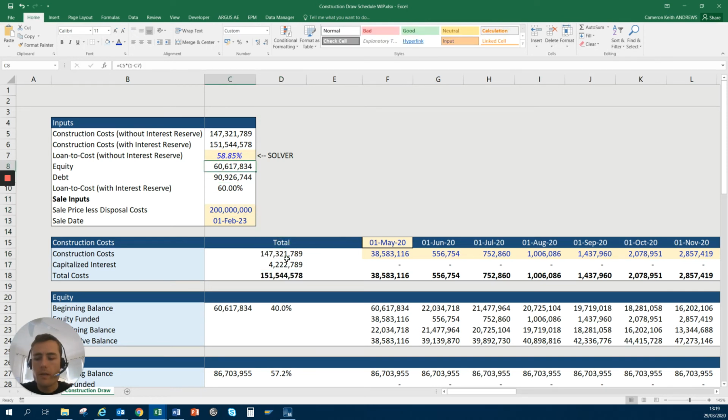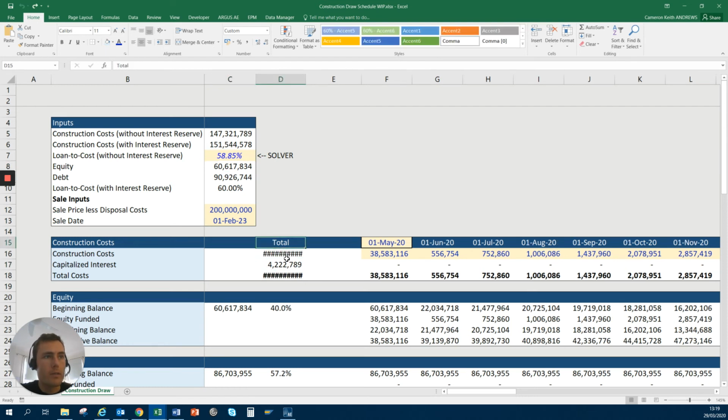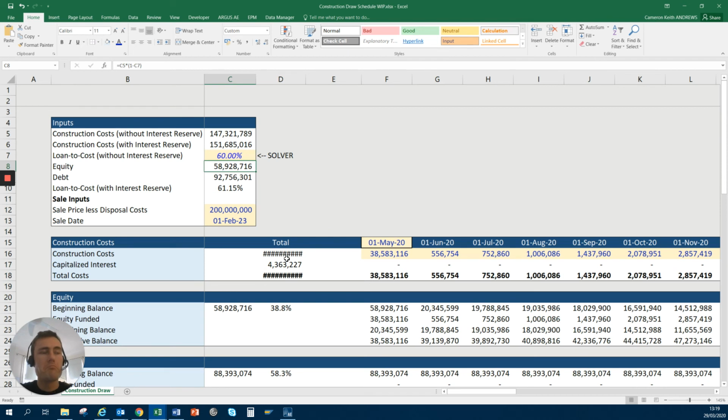And so what you'll see now is that the actual equity that's needed by the developer is 60.6 million. If we were to just reverse that back out and see what it was before. So let's just redo that. Let's say it was 60% before. So the developer would have needed just shy of 59 million.